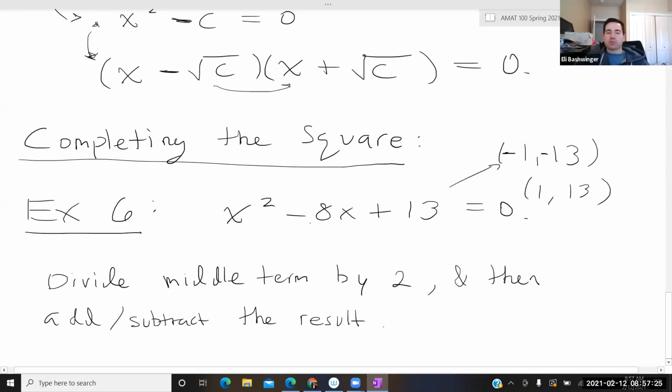The middle term is squared, I should say: add and subtract the middle result squared. You square it.